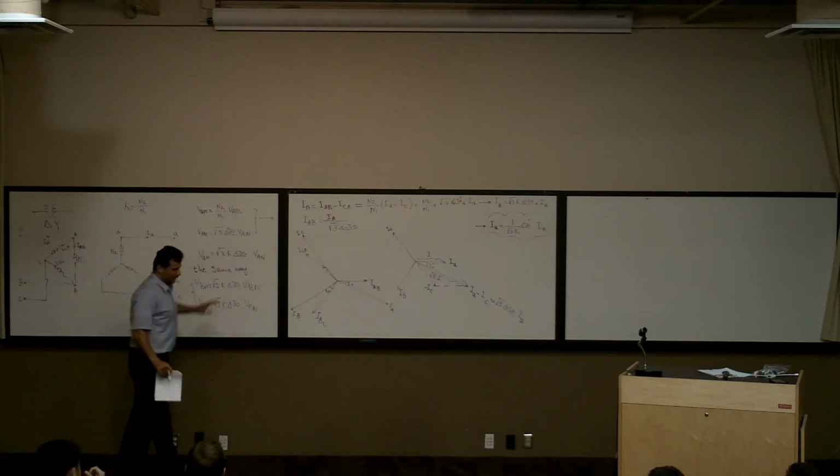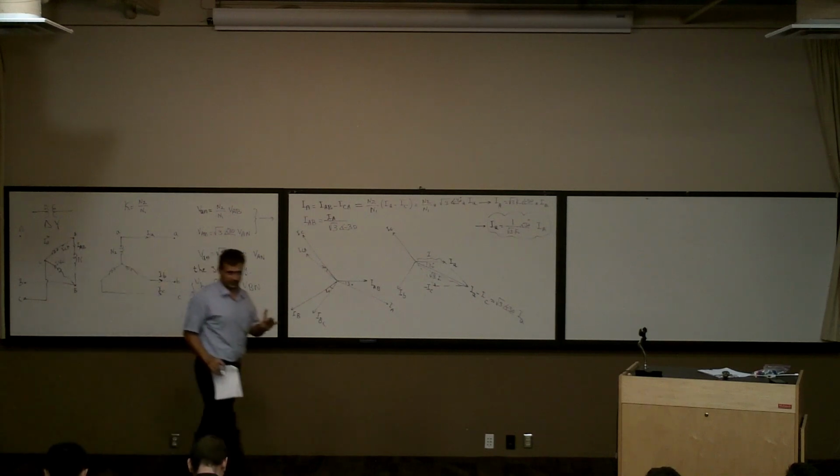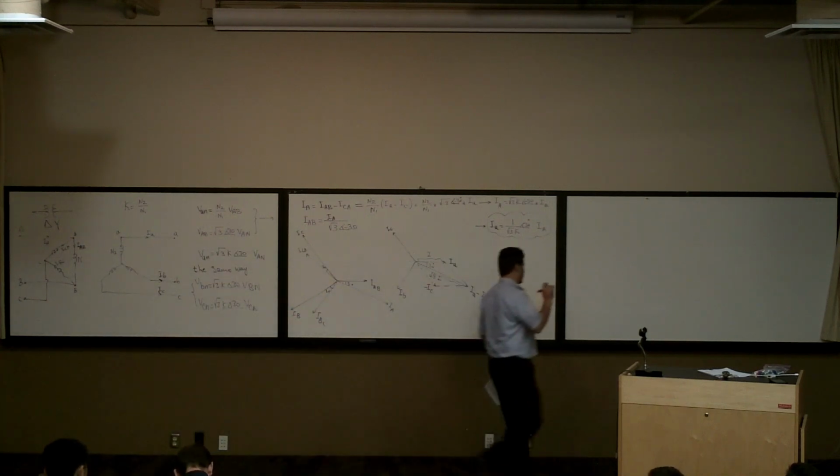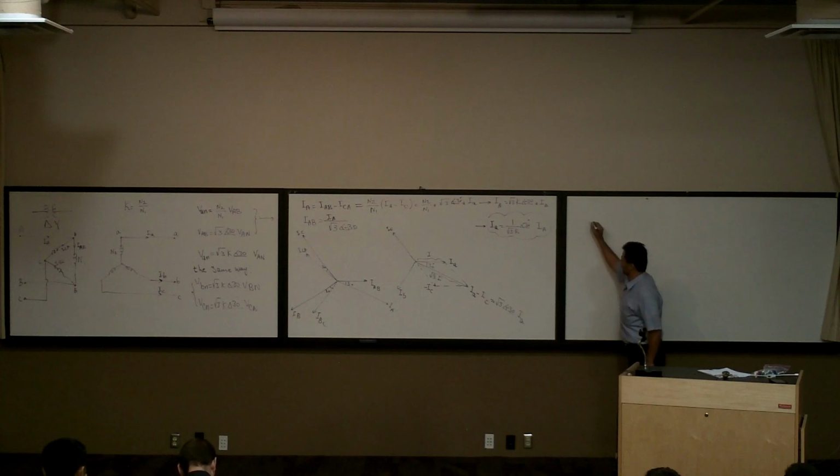So when we had a single phase transformer, look at it here. If we have a transformer like this, N1, N2, which we call N1 over N2 is equal to K, we say V1 over V2 is equal to K. Or we can say V1 and V2.